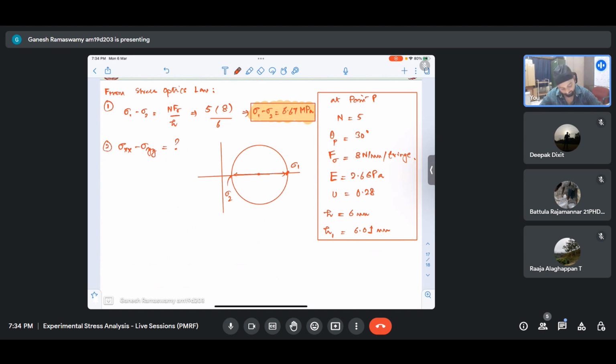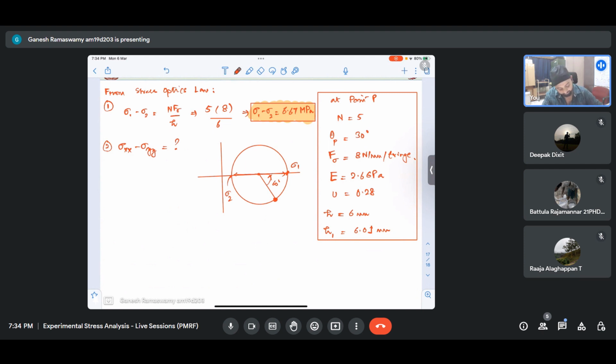Now let us say that it is at some theta p. Let us say my point of interest is this. And this I would have to rotate 2 times in the Mohr circle in order to get to the principal stress axis. It is given that my principal stress orientation is 30 degrees, which implies that this has to be 60 degrees. The orientation and everything we can take care for a generic problem I'm saying.